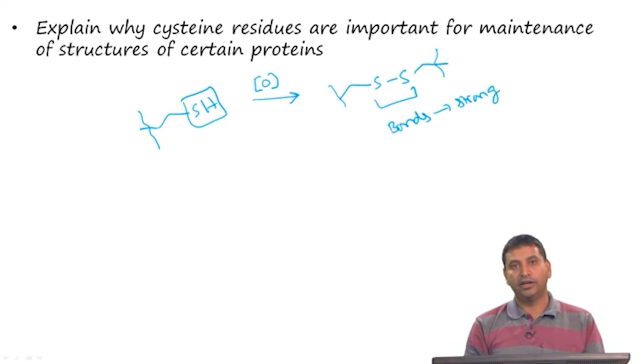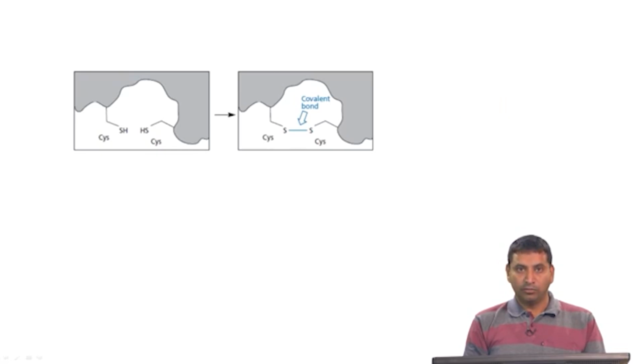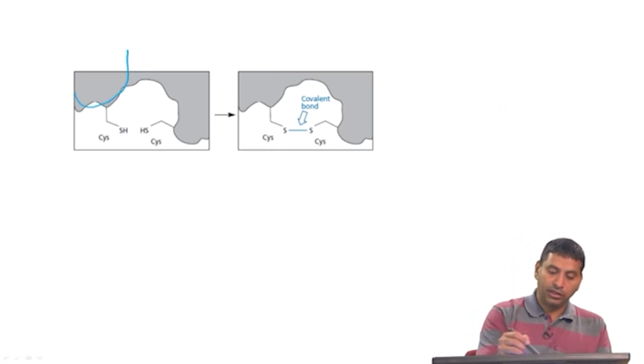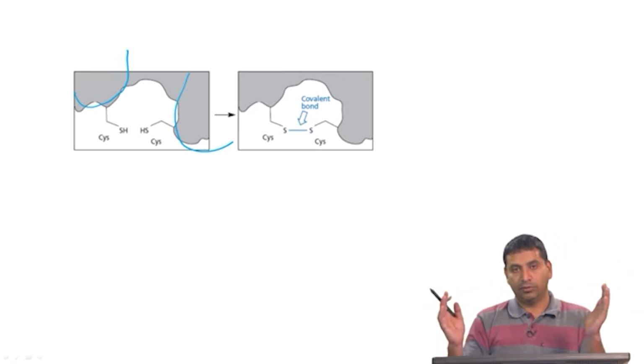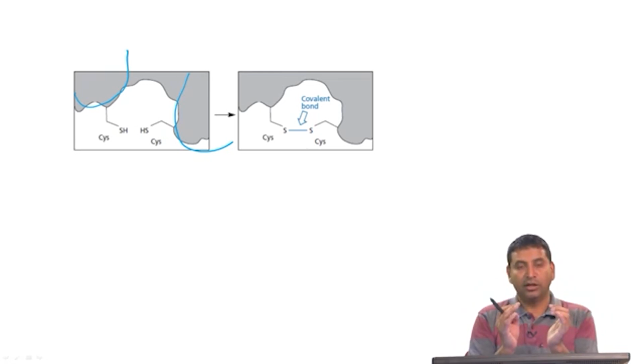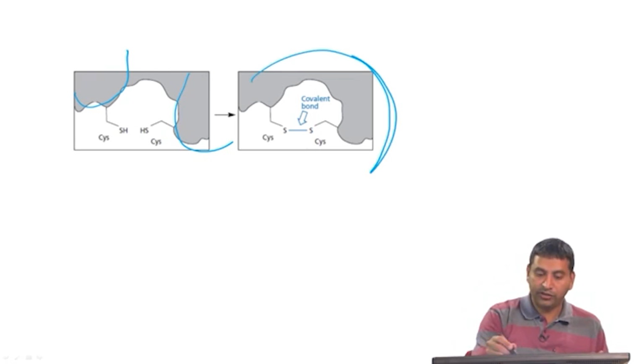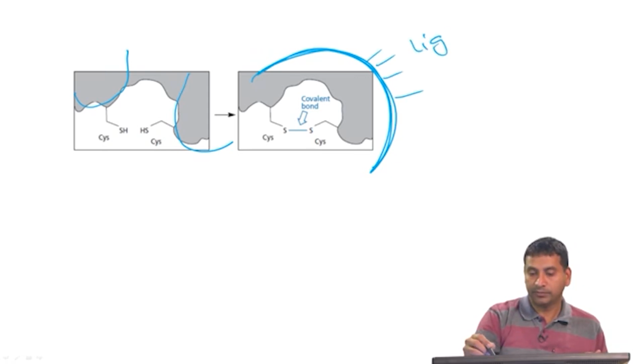These kinds of disulfide bonds, as they are called, are quite strong. So, if a protein structure depends on this kind of disulfide forming capability, then it would contribute to the maintenance of the structure. If you had a covalent bond between, let us say, this part of the molecule and this part of the molecule, then the two residues can be brought together, and this will provide a very unique shape to this molecule, which can then interact with various ligands or other proteins.